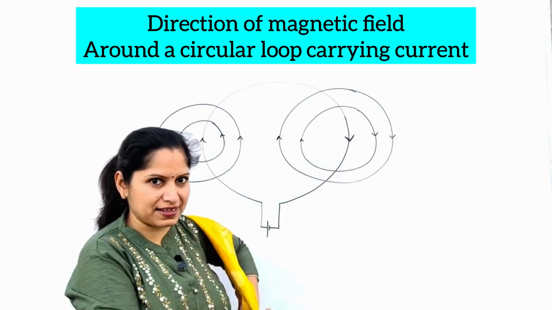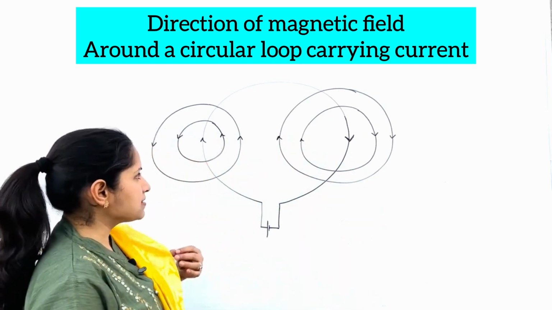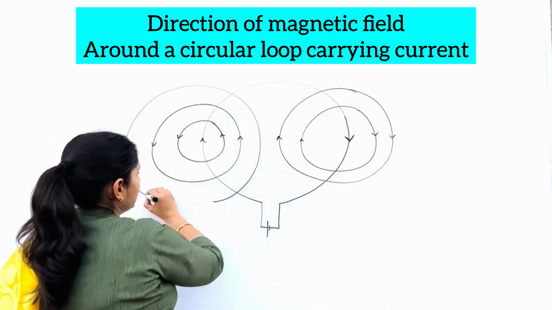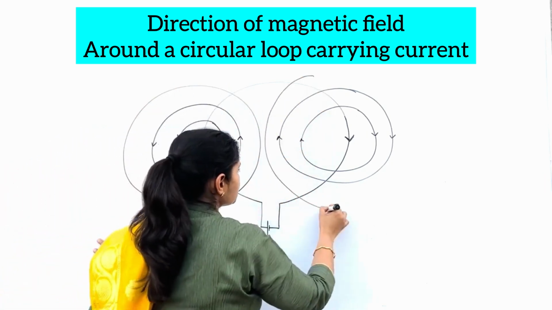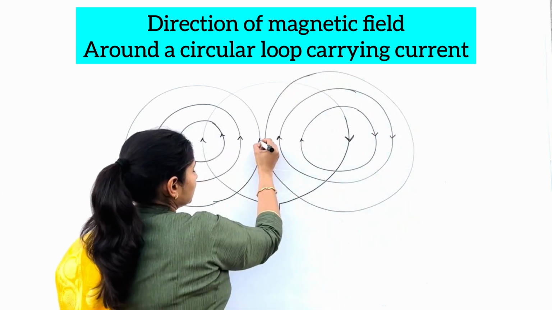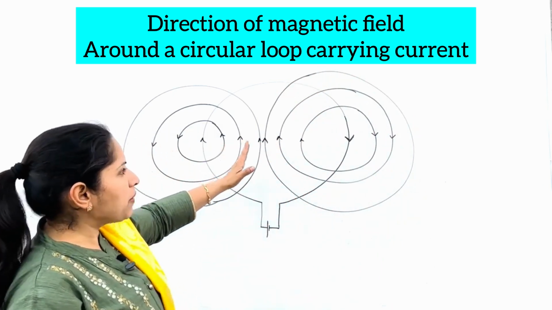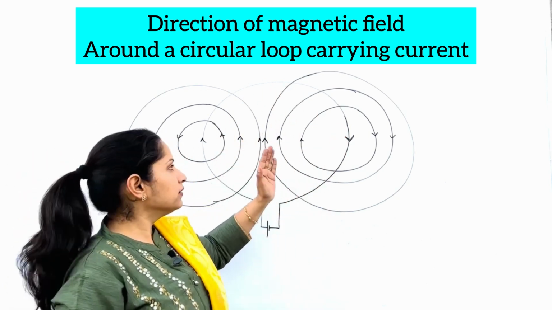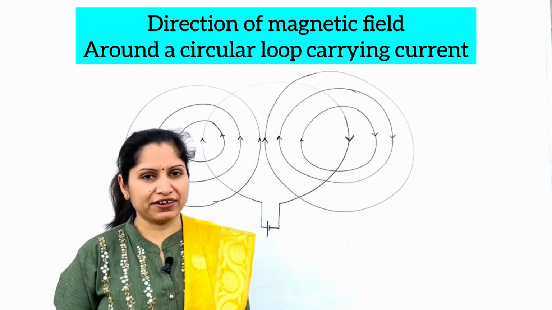Now consider the real, important concept. If I draw some more magnetic field lines, let's see it in both directions. I'm drawing one more magnetic field line. Then you can observe that all the magnetic field lines at the middle point, at the center of this circular loop, are all pointing in the same direction.